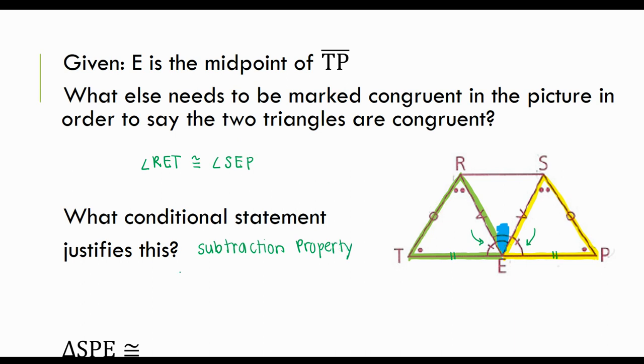To get those 2 angles that we said were congruent, we took that big angle REP and subtracted what I have highlighted in blue, which is angle RES. Then the angle on the other side, angle SET, that was the big angle, I once again subtracted what I have in blue, RES. And so the subtraction property gets us those 2 angles congruent. Now, if I name my triangles, if I said triangle SPE, well, S has 2 marks, so does R. P has 1 mark, so does T, and then we follow it by E.